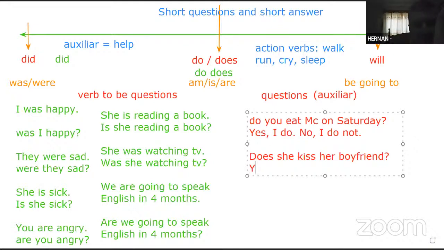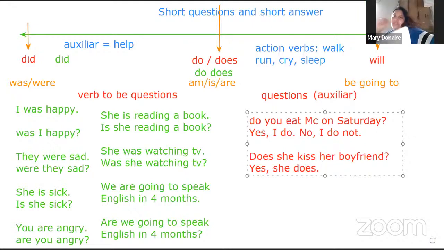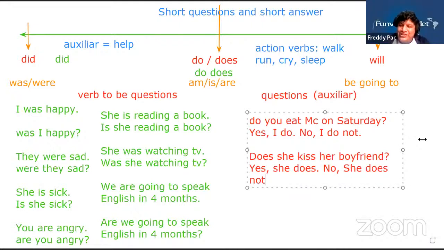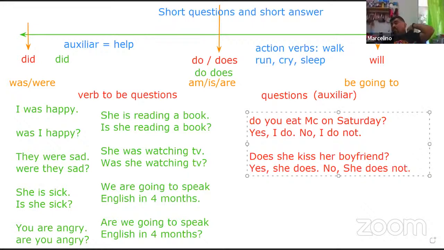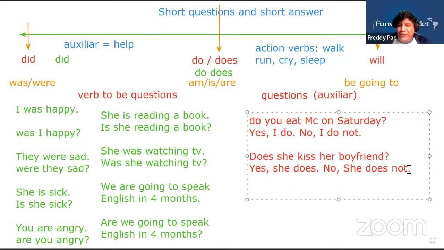Yes, comma, she does. Or what is the negative? No, comma, she does not, or the contraction, she doesn't. Very good.